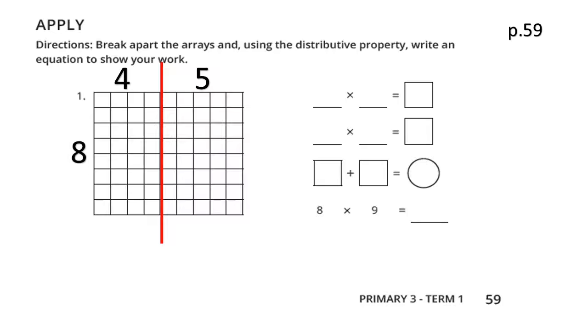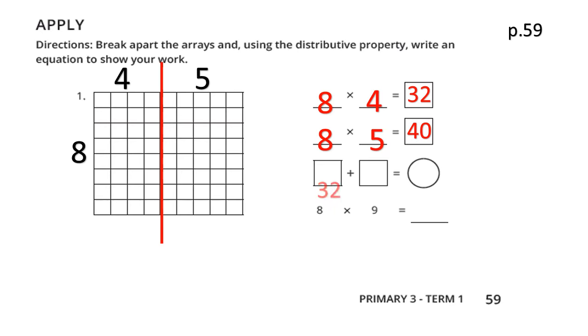And we also have here 8 rows. So the first equation for the left array, 8 times 4 equals, as you know, 32. Very good. And the second array, 8 times 5 equals 40.